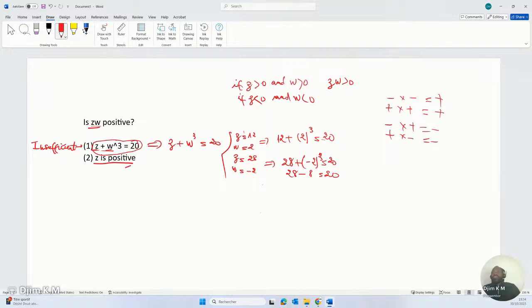So we don't have any information concerning the sign of w. So w can be any sign. So this is also insufficient.